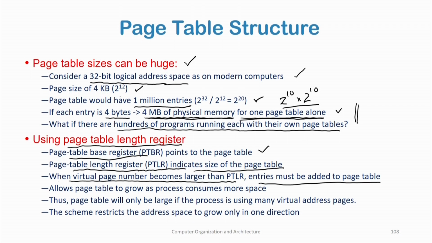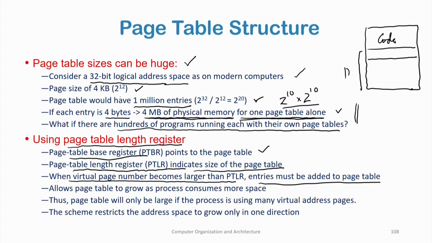So, in general the virtual address space of a process will look as follows. I have a code segment, and a static data segment, and a dynamic data segment. The code segment remains unchanged. The static data segment also remains unchanged, but the dynamic data segment primarily has two parts.